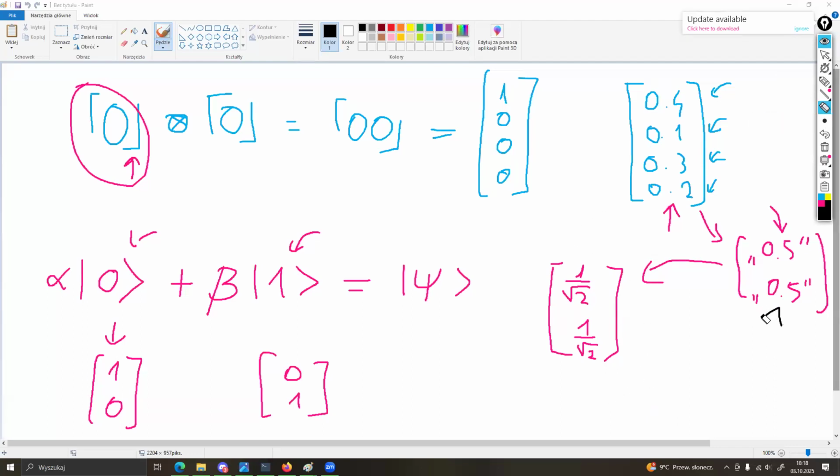So that's that. It is exactly the same when we want to express a tensor product of two different qubits. For example, I have a qubit that is alpha and beta, right? And then I have yet another qubit that is quite different, and it had yet another operation performed on it.